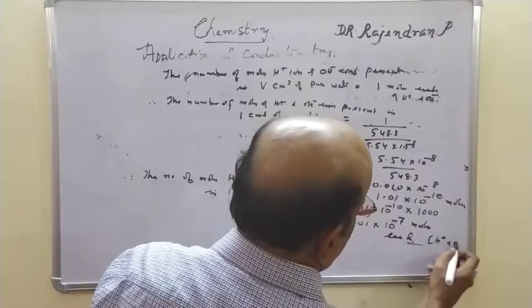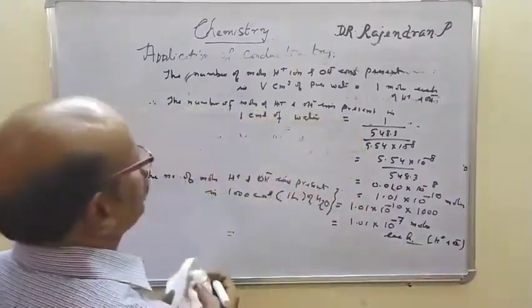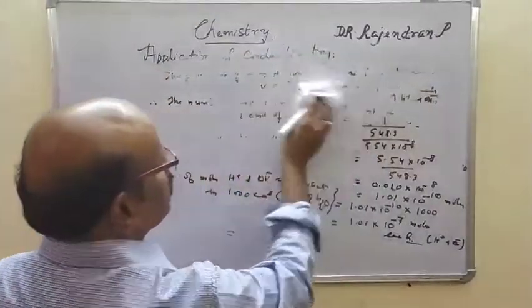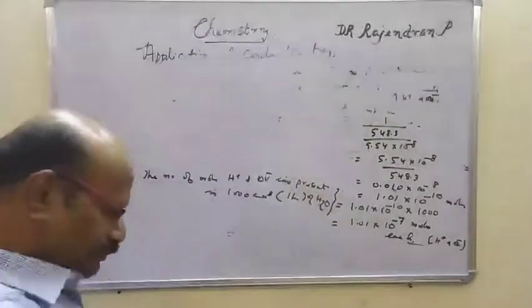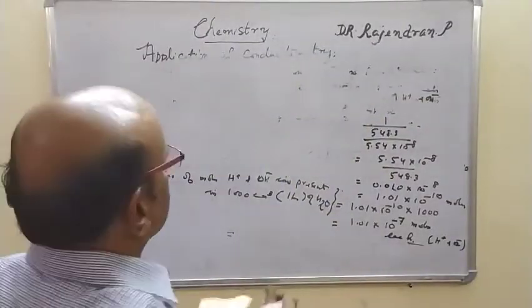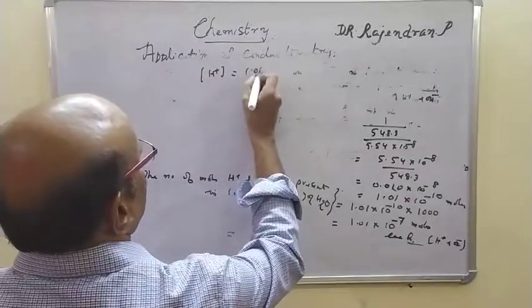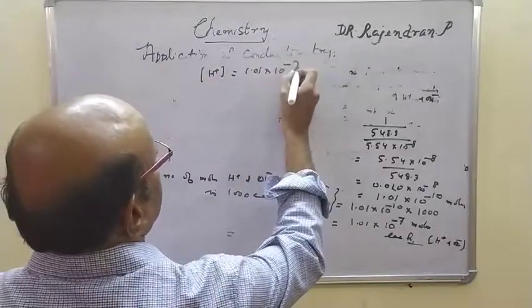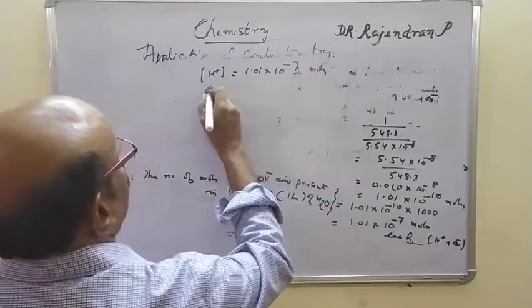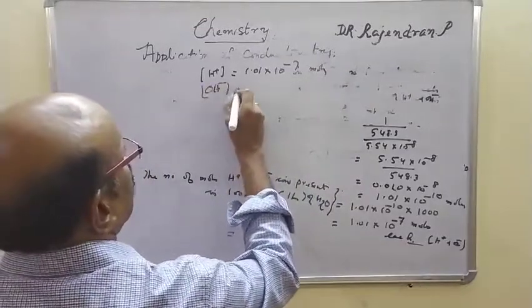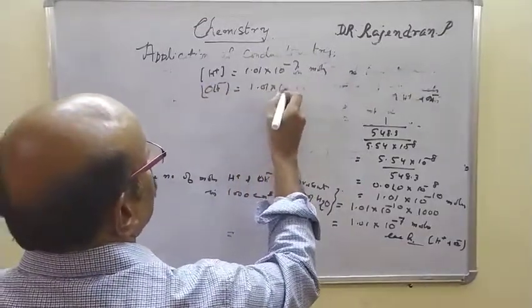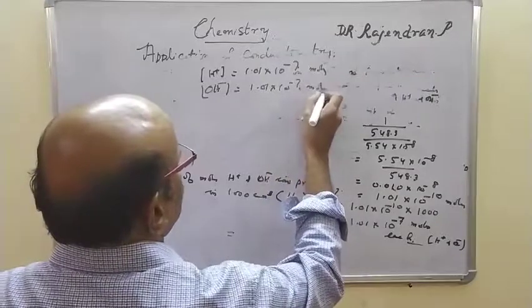Therefore Kw, as you know, H plus ion is equal to 1.01 into 10 raised to minus 7 moles, and OH minus ion is equal to 1.01 into 10 raised to minus 7 moles.